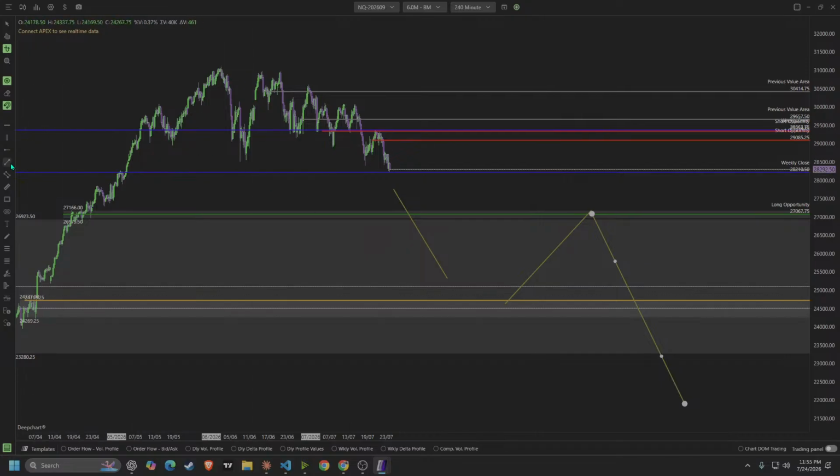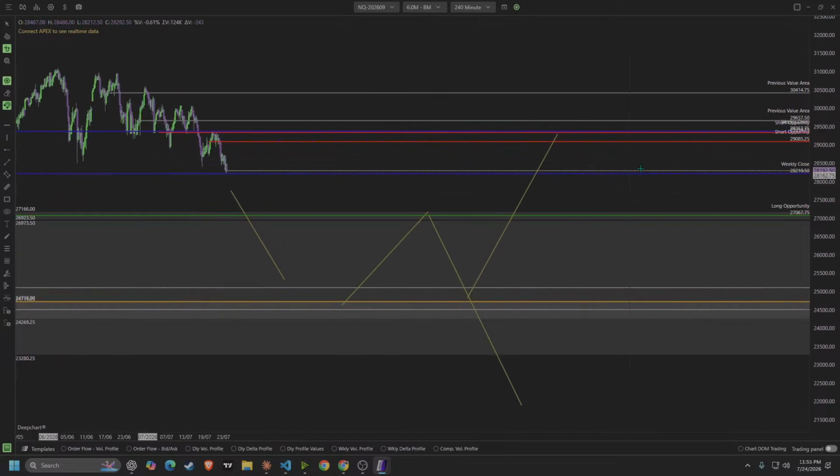Or we start to move back up before we move back down again.